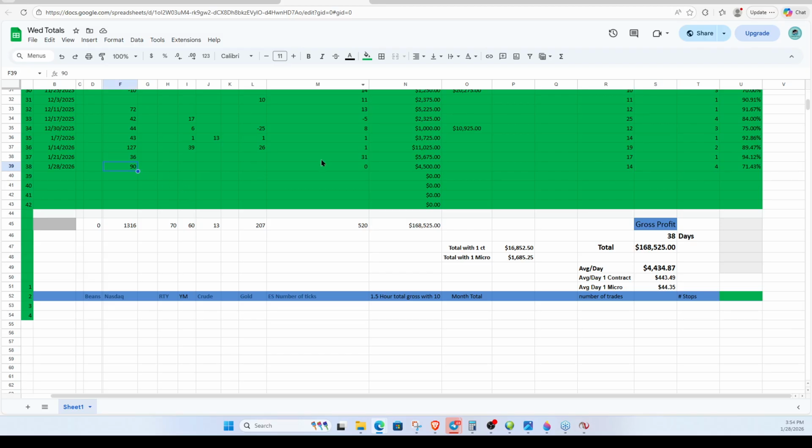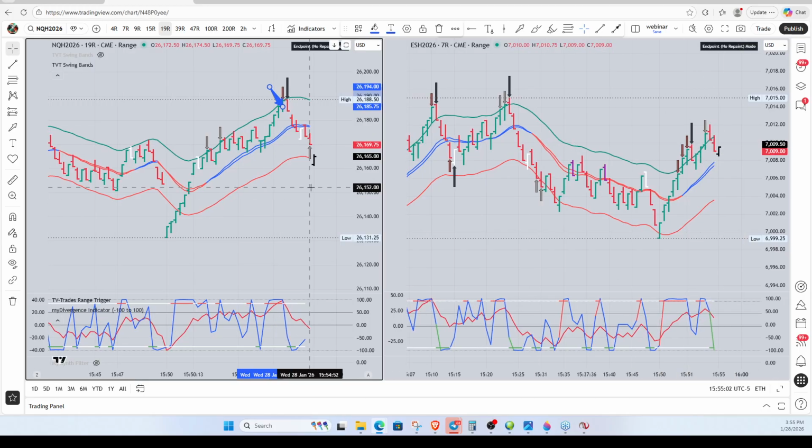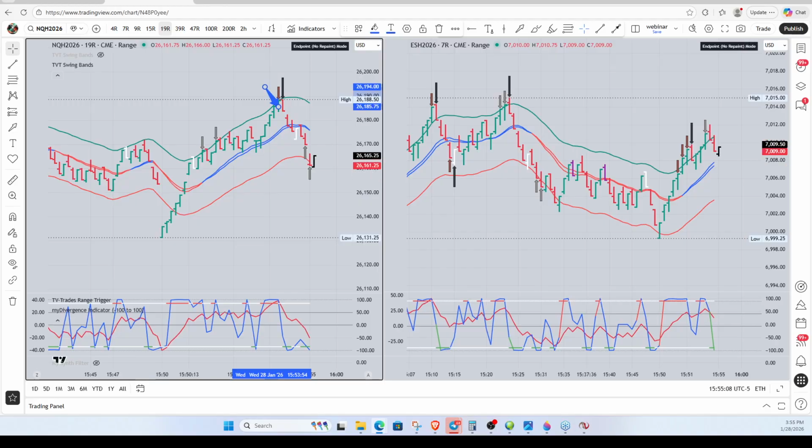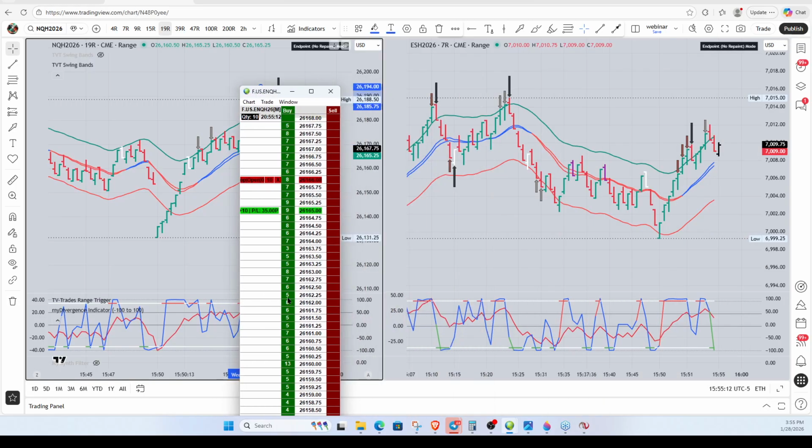There's 8 more here. Okay, what time is it? 3:54. We have 6 minutes left. Try to get that up to an 80 or better. There's a white bar right there that I didn't see. It's kind of late to get into right now. There's nothing there. This right here on an up close on the NQ would be an interesting trade to take, I think. There it is.